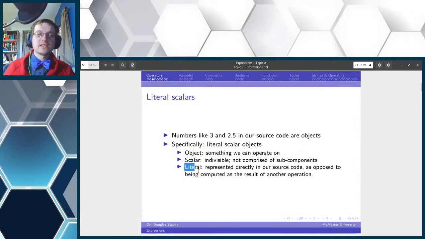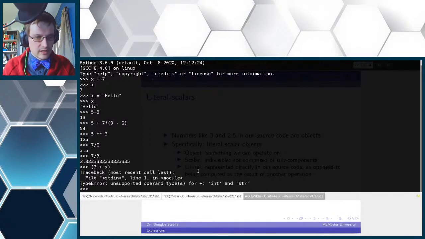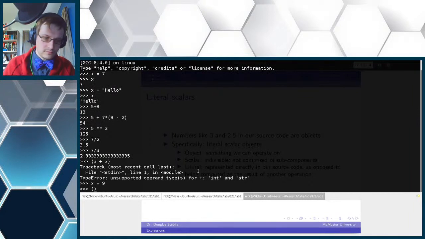And most commonly, you'll hear me refer to these as literals. It represents directly in the source code what it says it is, as opposed to being computed, or the result of another operation, or being an element of memory. So if I put x in this equation, let me assign it a value. 3 plus x. X is a variable.